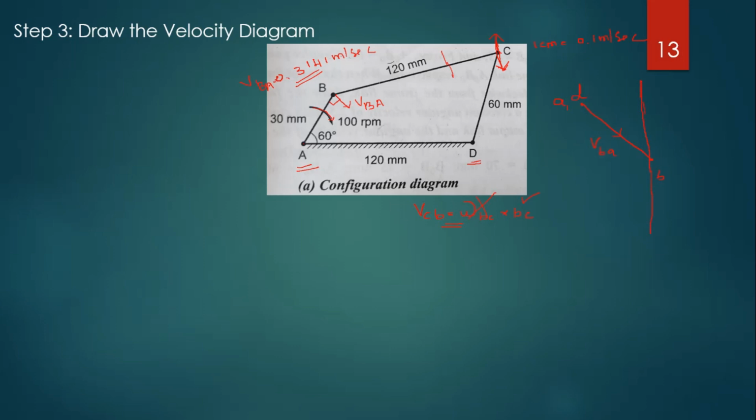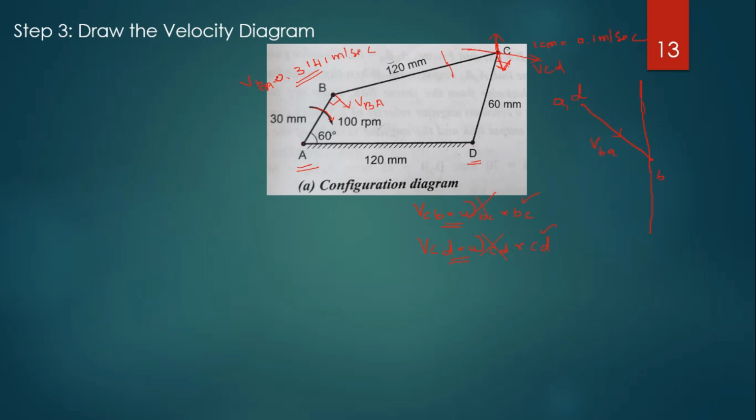Now move on to the last link CD, right? Now we have to calculate the velocity of C with respect to D. Velocity of C with respect to D is equal to the angular velocity of CD into the length of the link CD. The length of the link we know, but the angular velocity of CD we don't know. So we can't calculate this velocity, but we know that the direction of the velocity of C with respect to D is perpendicular to the link, either left hand side or right hand side, that we don't know.